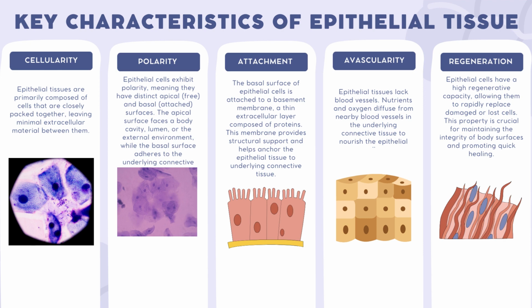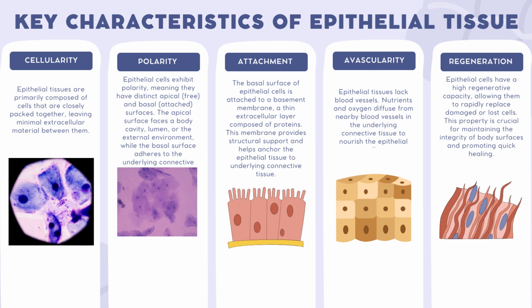The apical surface faces a body cavity, lumen, or external environment, while the basal surface adheres to the underlying connective tissue. So here's another picture of epithelial cells underneath the microscope. And I believe we have some slides in the classroom that you all can look at, and look at different tissue types underneath the microscope. So we'll go ahead and knock that out this week too.